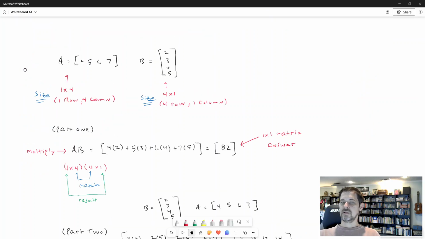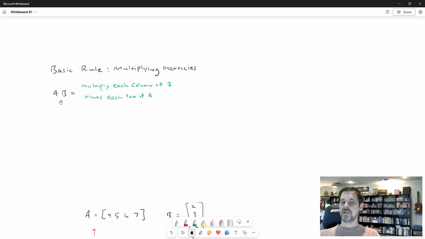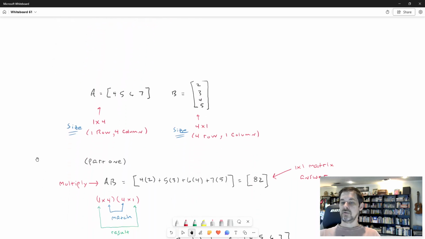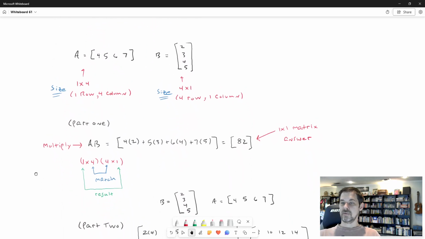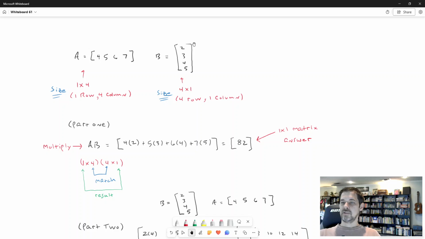So here's the general rule. If I'm going to multiply matrix A times B, I'm going to multiply each column of B times each row of A. Okay? So here's what that would look like in this one. So I need to multiply each column of B, and there's only one column, times each row of A, and there's only one row. So how would I do that?